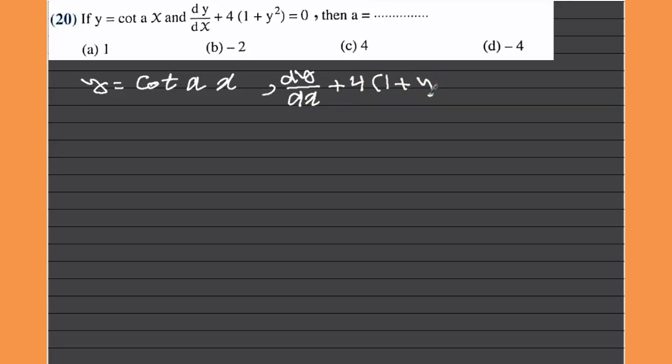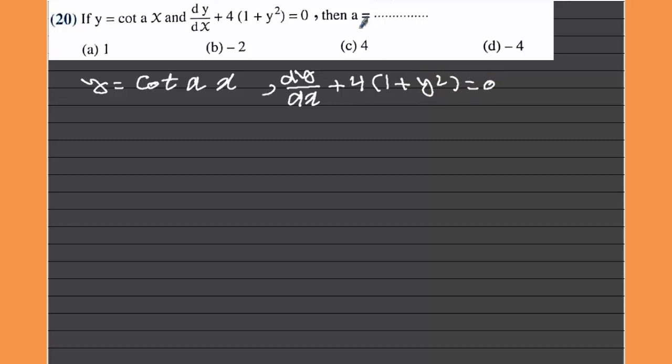Question 20. If y equals cotan ax, the cotangent of ax, and we have dy/dx plus 4 multiply 1 plus y square equals 0.